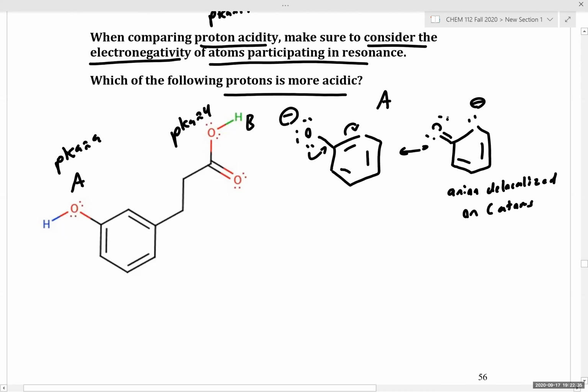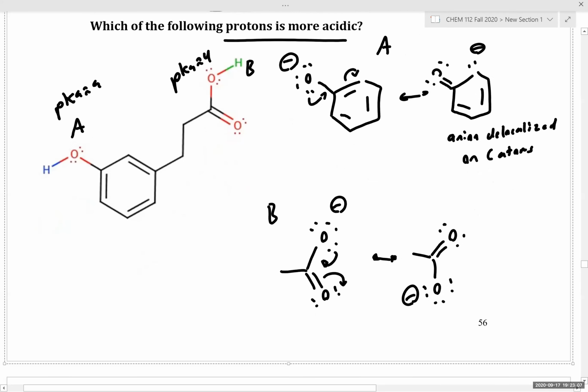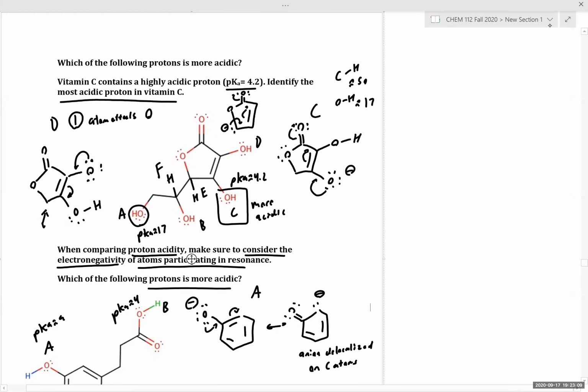Now, if we compare that to B, where we have the anions generated from B, we are delocalizing our lone pair electron density and our anion onto oxygen atoms.